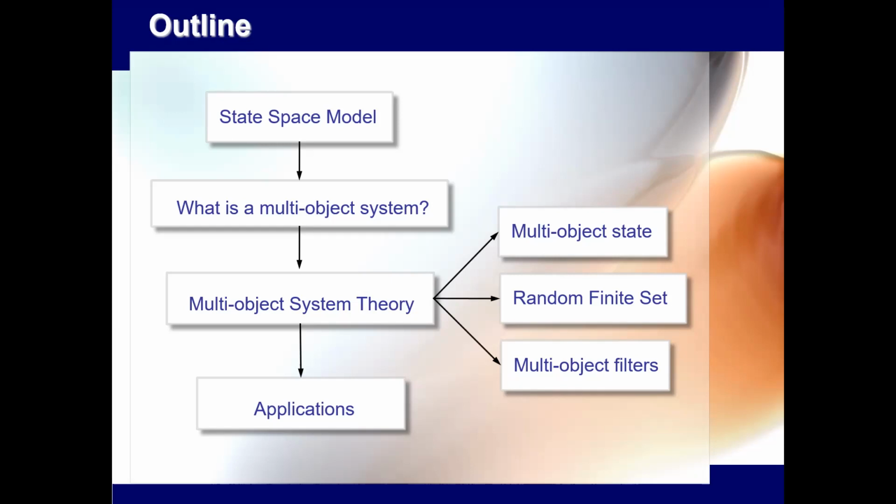After defining the model using the object state and the random finite set, what we need to do in the real world is to reduce uncertainty. Because we are working on a stochastic system, there needs to be some kind of intelligent algorithm to reduce the uncertainty. The applications will be introduced.